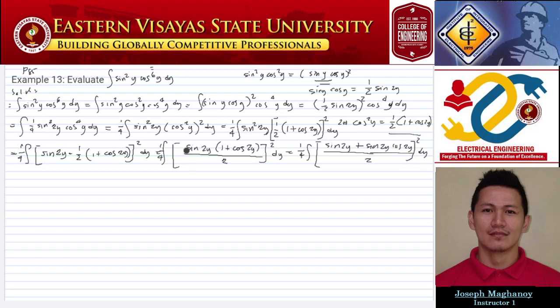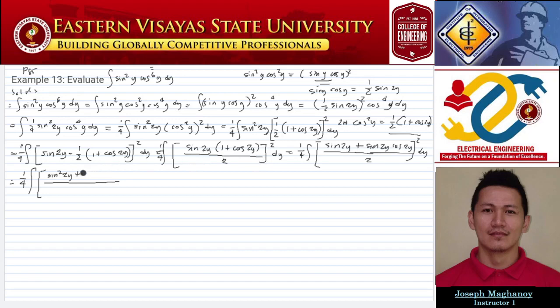Our next step is to bring in the power back, distribute it back inside. So if you're going to distribute this power of 2 back inside, that is 1/4 integral of bracket, power sine squared 2y from the 2, plus sine, so it will become all squared.